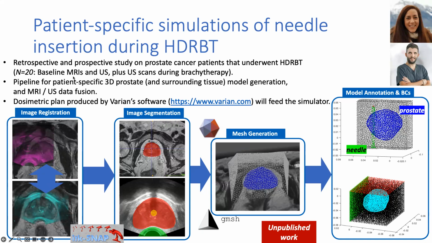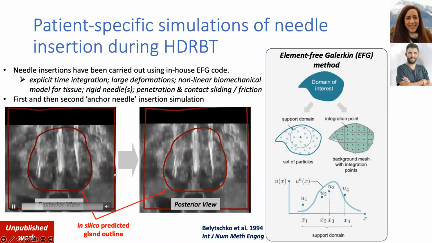So we used MRI scans, as well as the information provided by the doctors in terms of the needles they inserted. And the goal was to model how the prostate deforms.